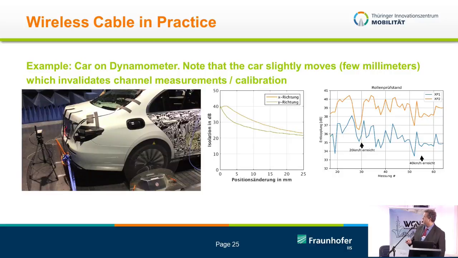Yeah. This is a car on a test stand, and if I play this again, it's only a short video. You see everything is moving. When you use a car in a practical setup on such a test rig, and you have this dynamometer, the idea is that there are some rolls, and that means that your car is moving.